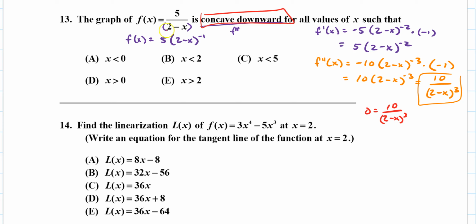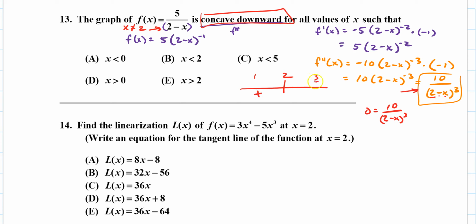Well, this function is not defined when x is 2. So we have one value that we need to worry about, which is what happens at 2. So I'm going to check both sides of 2 into my second derivative here. I'm going to check 1 and I'm going to check 3. If I check 1, 2 take away 1 is 1. 10 over 1 cubed is positive.